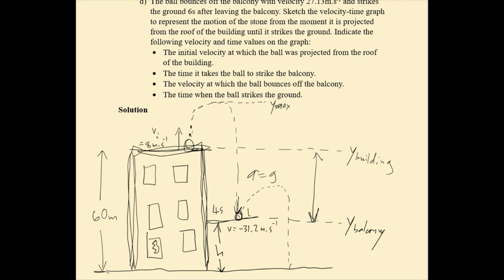So it goes up again. This V was when it hit the balcony coming downward. This V going upward now is going to be 27.13 meters per second. And then it travels and it comes down and it takes 6 seconds.